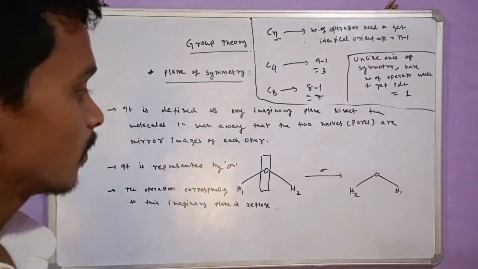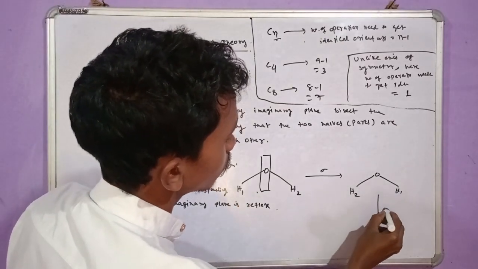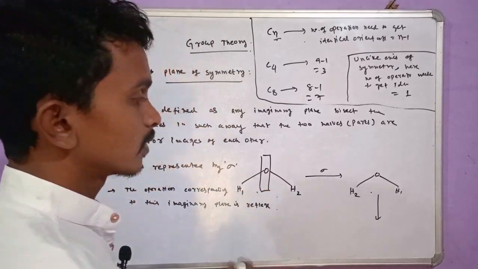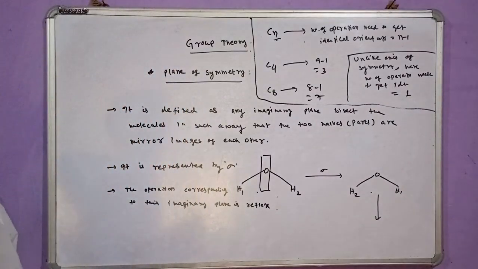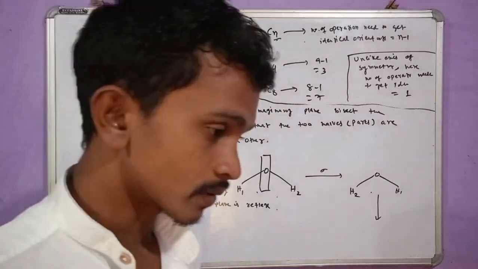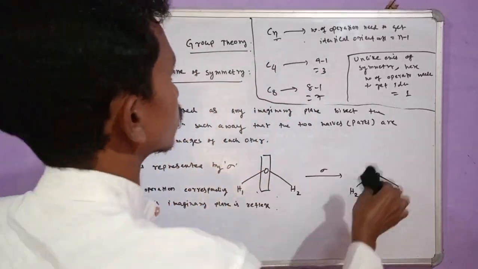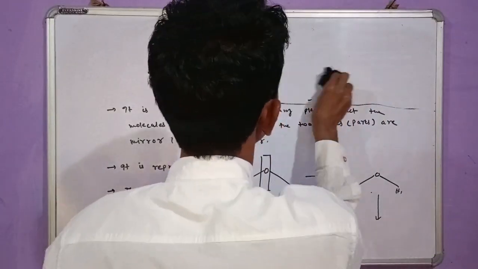Okay, always 1. Why? Because this is the mirror image of this. Again, if you do the mirror image, then you will get this molecule. So only one operation is needed to get the identical orientations. Okay, so these are some small things we have to remember.